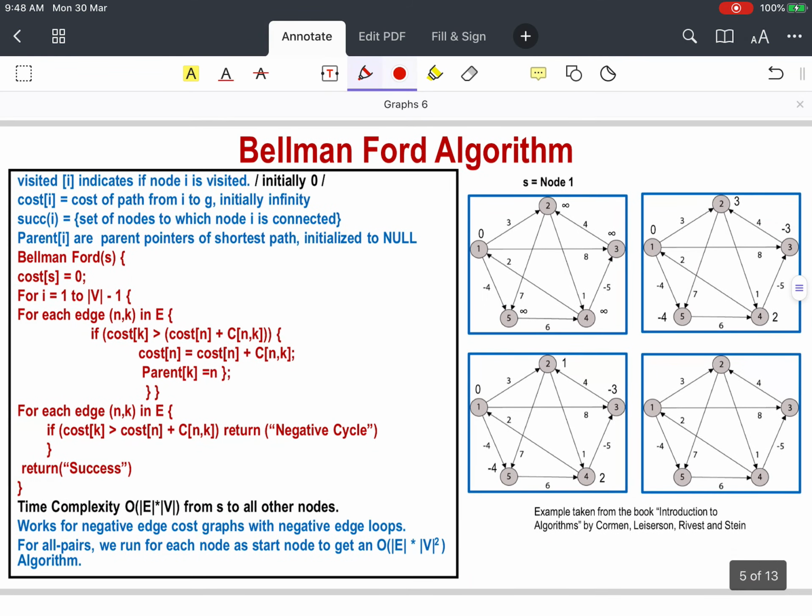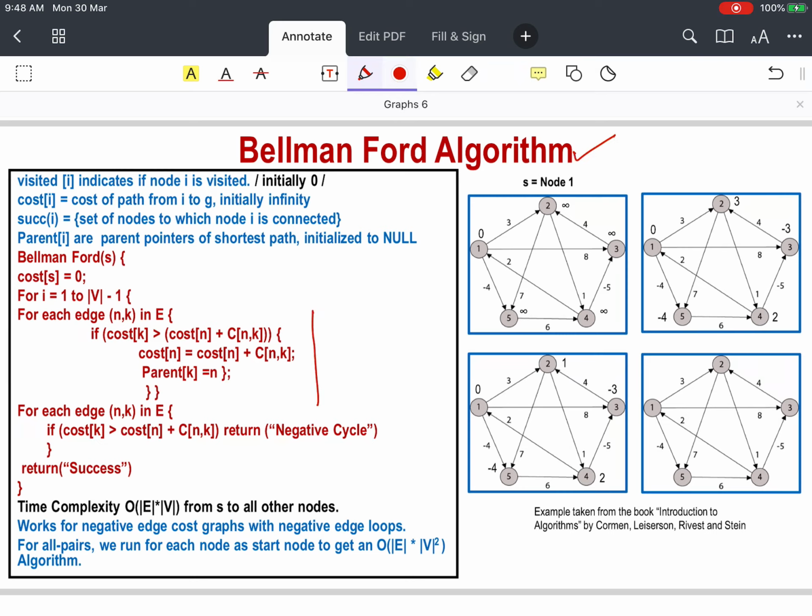Now let us assume that there are negative edges in the graph and there could be negative cycles in the graph. So how do we improve or get the Dijkstra's algorithm or the best first algorithm to take into account that there could be negative edges and there could be negative cycles? For that, we will again go back to this famous cost revision step.